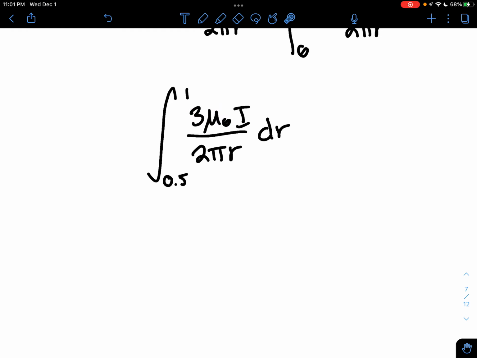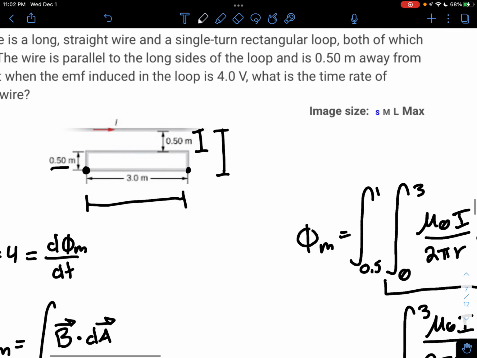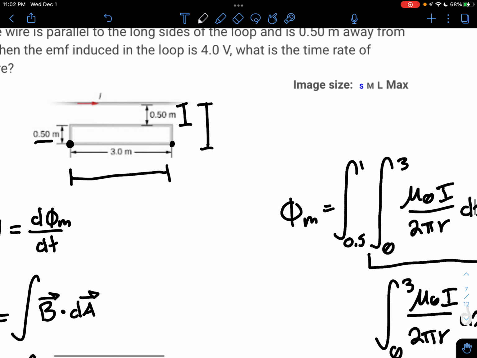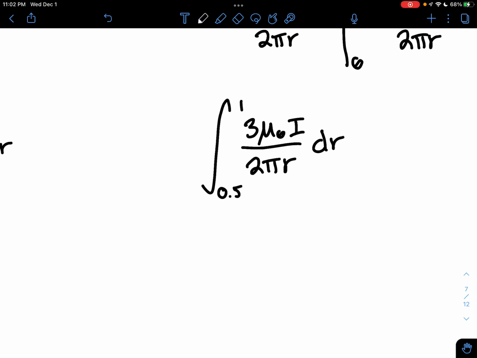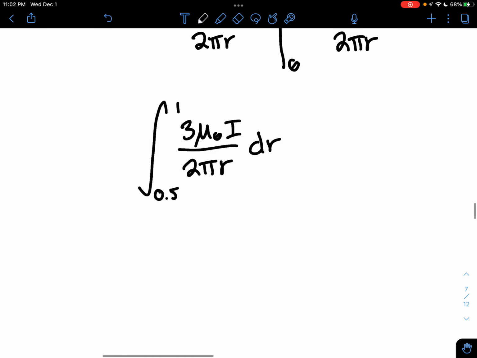Mu naught's a constant. 2 is a constant. Pi is a constant, obviously. I isn't going to be constant, but it is going to be constant with respect to r. No matter what the radius is that we're looking at, it's going to have the same current. So we can pull that out of our integral because our integral is with respect to r.